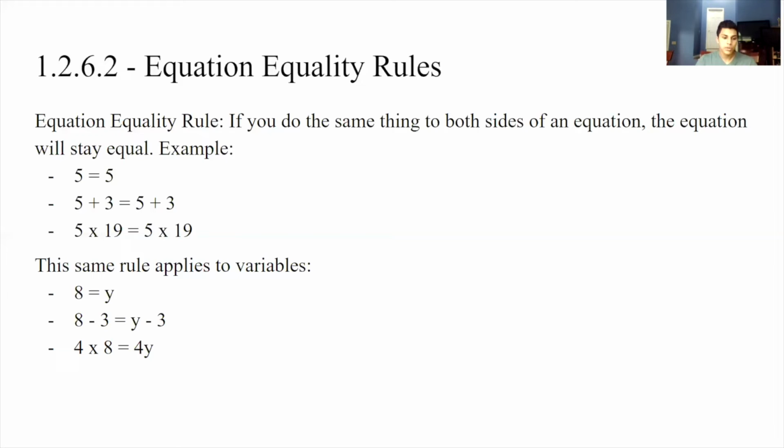In the next bullet, I'm multiplying by 4 on both sides, where 4 times 8 is going to be equal to 4y, because 8 equals y. So if I'm doing the same thing to both sides of the equation, which in this case is multiplying by 4, then the equation is still going to stay equal, even if I have variables in the equation.